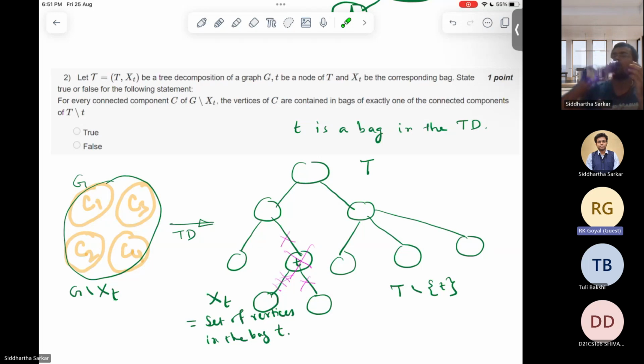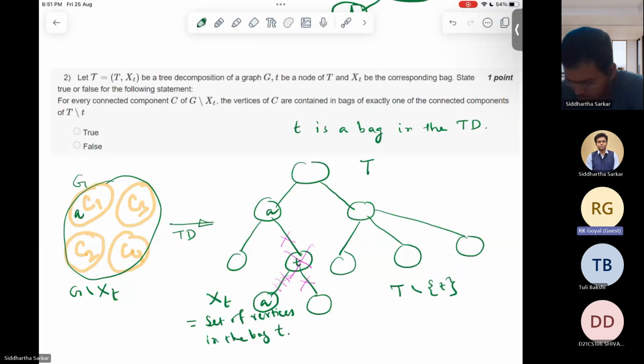Yes. So if we consider that a vertex in a connected component C is contained in, say, two components of the corresponding tree. So let us consider, say, A, and A is at two places. Since A is an element of a connected component, these two vertices should be connected via some route, right?